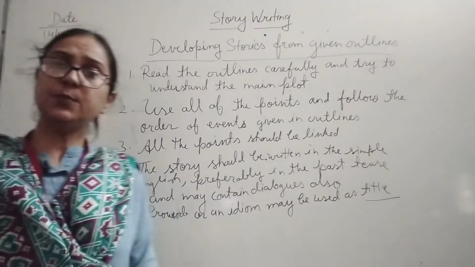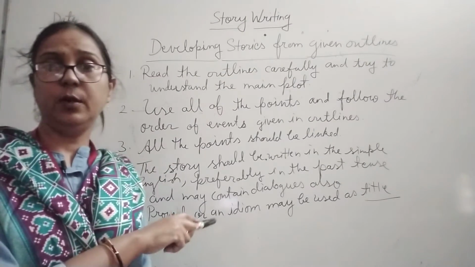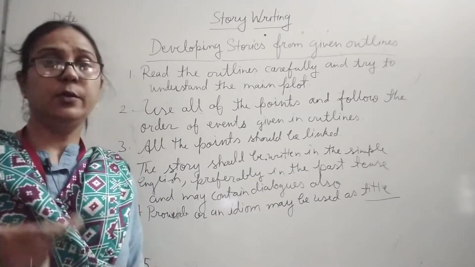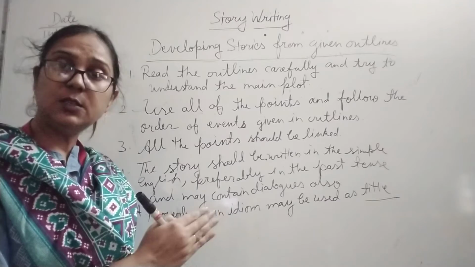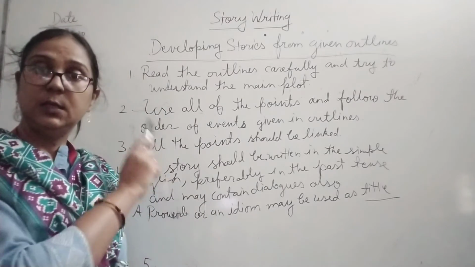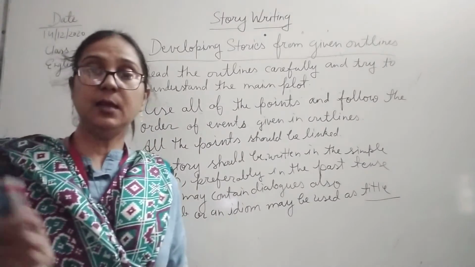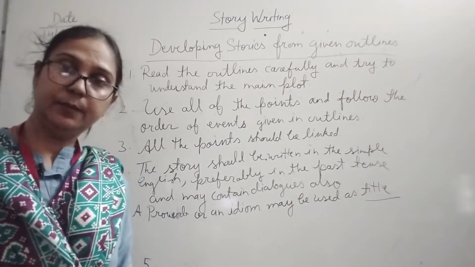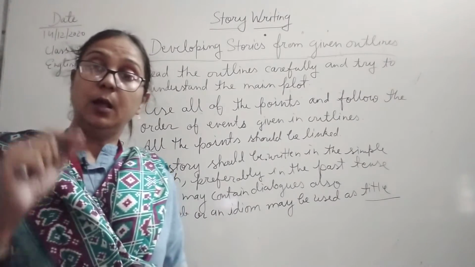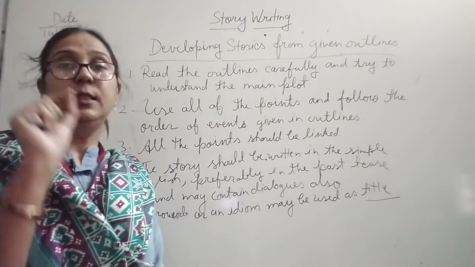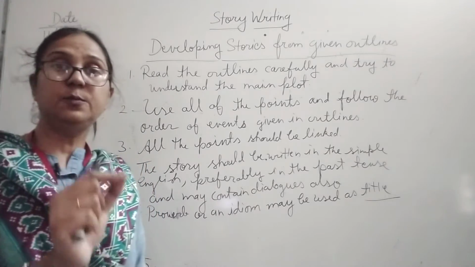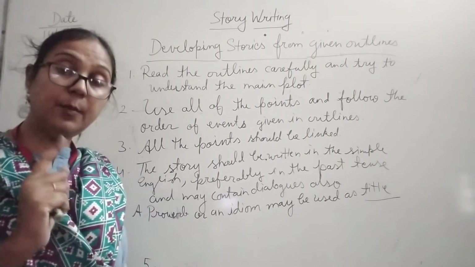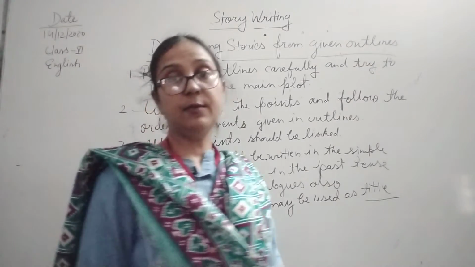So children, these points are very important for you when the outline is given by the teacher or in your exam, so then you create a story by these points. You have to keep these points in your mind, otherwise you will not write the proper story, because the examiner will check whether you have used the particular lines given. It is very important that you use each and every outline given by the examiner.